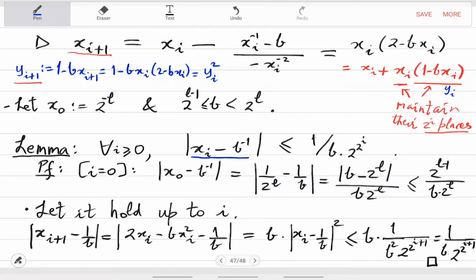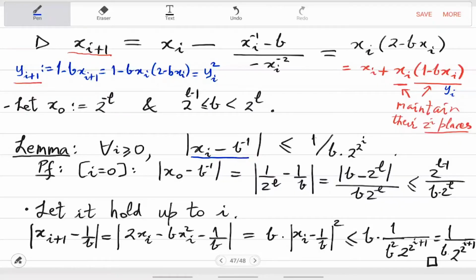And when you want to compute 1 over b up to L decimal places or L binary places, it basically means that you want the error to be something like 1 over 2 raised to L plus 1. So you set L plus 1 equal to 2 raised to i. So i is only log L.